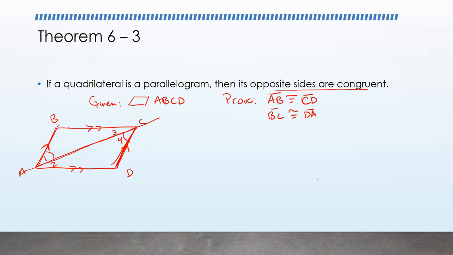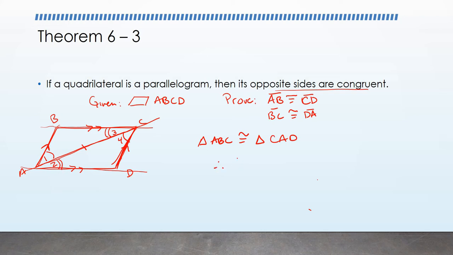If I do the same thing using parallel lines BC and AD, I can say that 3 is congruent to 2. And we know that AC by reflexive property is congruent to itself. So now I've shown that by angle, side, angle, triangle ABC is congruent to triangle, let's see, I did ACB, so I have to do CAD.